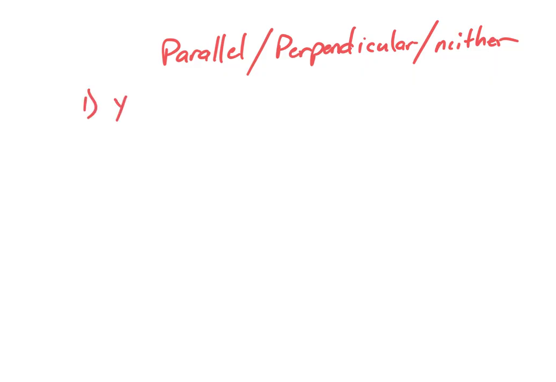Here's the first one. Y plus 2 equals 5x. X plus 5y equals negative 15.